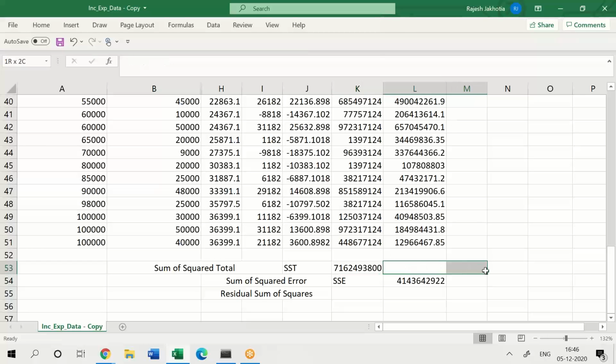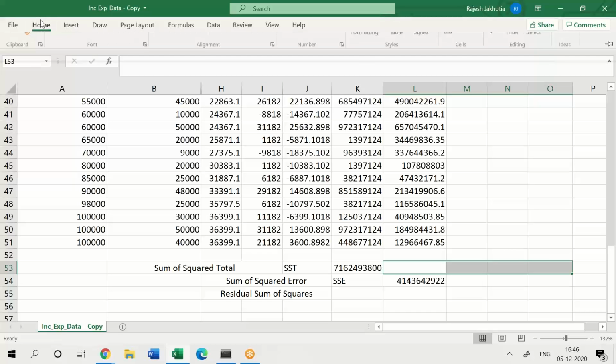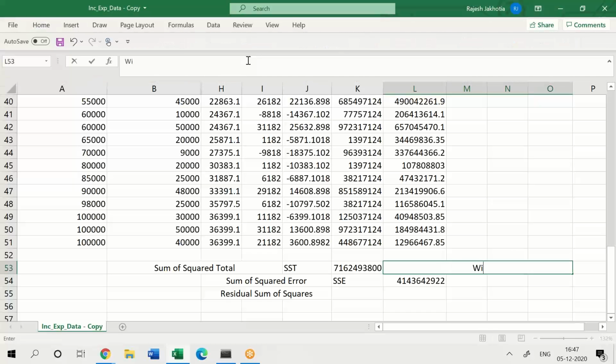I can write here for more clarity. Without model, this would be my total error.